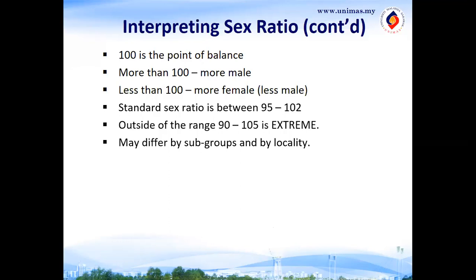Let's say sex ratio in India sebagai contoh. In India 943 females per 1,000 males. Dia gunakan 1,000 instead, about 94.3 per 100. I'm sorry, dia gunakan terbaliknya: 1,000 males for every 943 females. Maksudnya lebih ramai lelaki daripada perempuan di India.